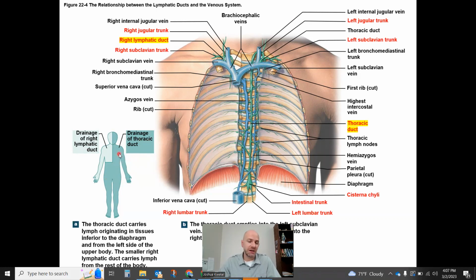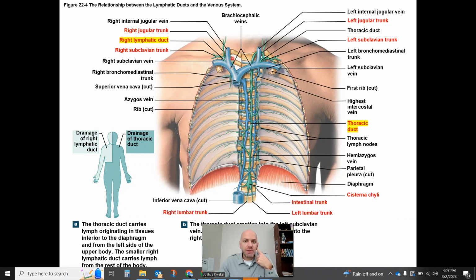Okay, notice this diagram here on the left. You can see the darker color is showing you the drainage field, as it were, from where lymph is arising in the body. And all of this pattern here, you can see the lower torso, both of the legs, and the left arm and left head, all are dumping here into the left subclavian vein.